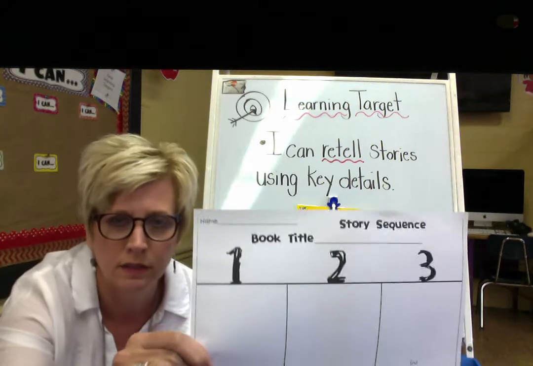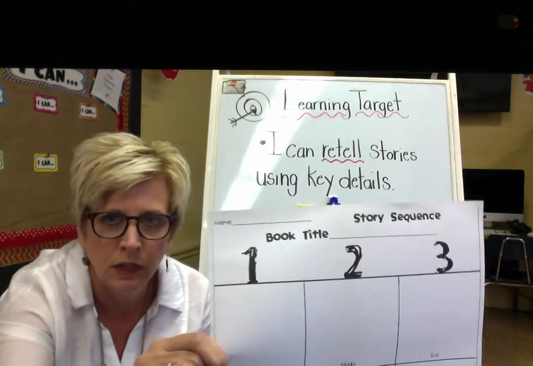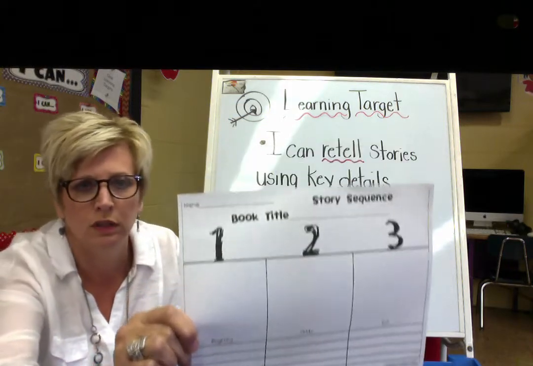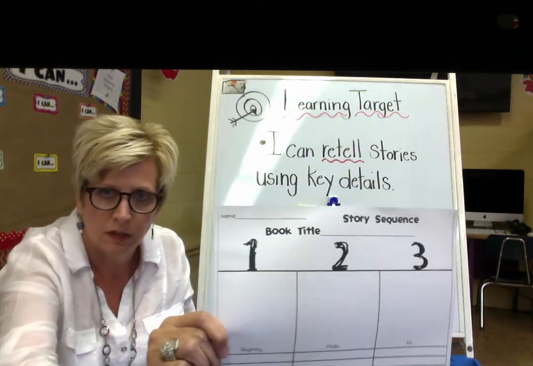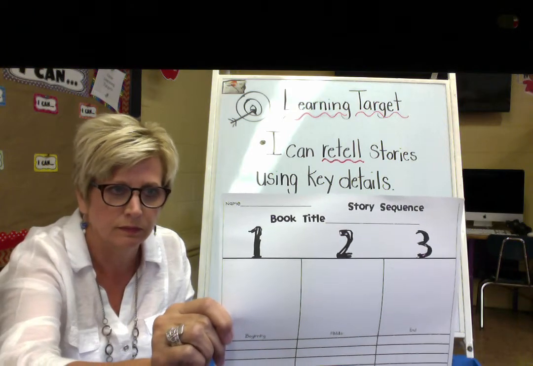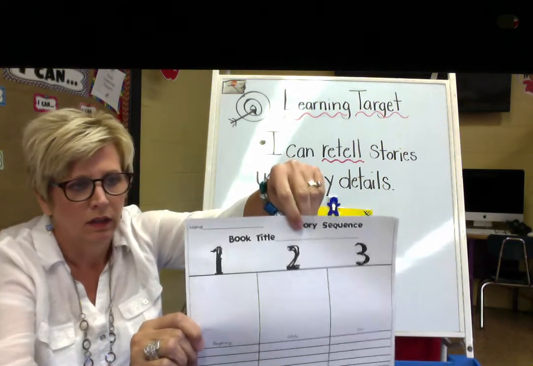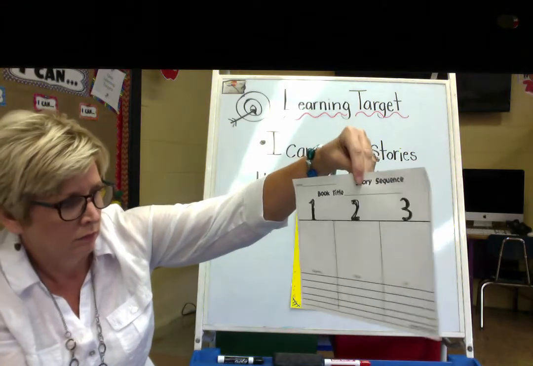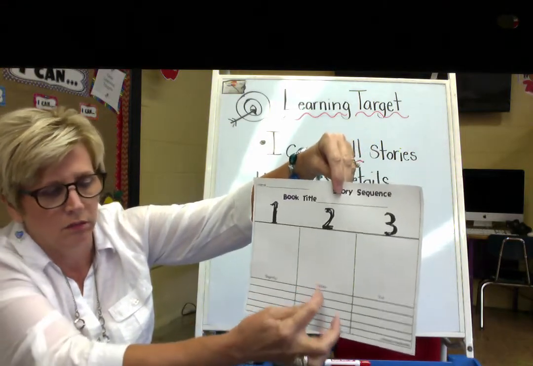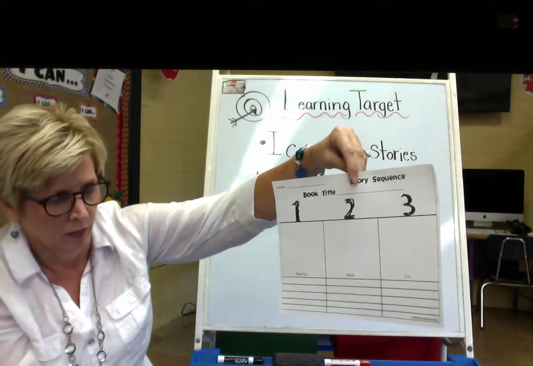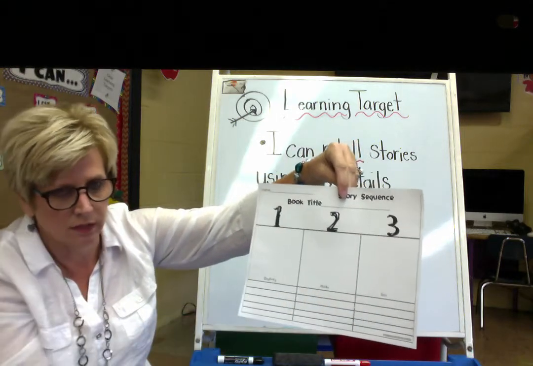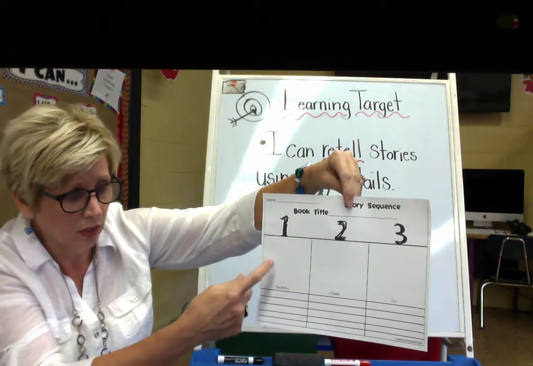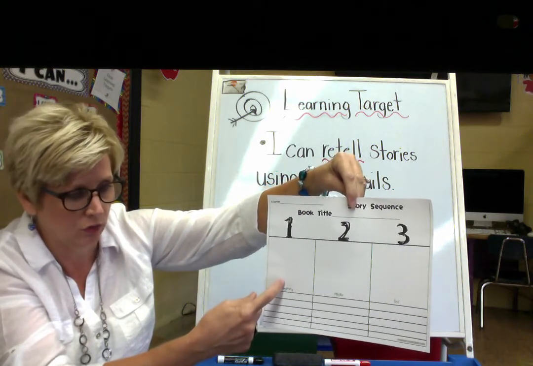Okay? So for today, we are going to do a sequencing activity for your response. So, place for your name, book title. You can just put Lily's Purse or something like that. And then, notice how it's sectioned off in 1, 2, 3. Same as beginning, middle, and end. So you have 3 boxes in which to draw a picture of something that happened at the beginning of the story.